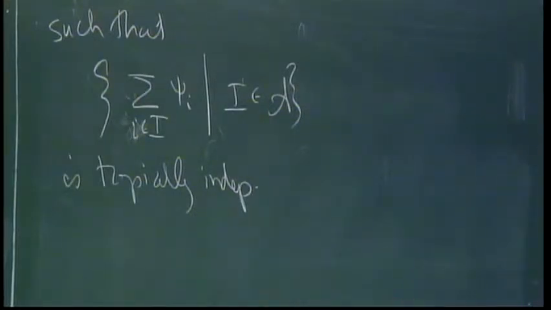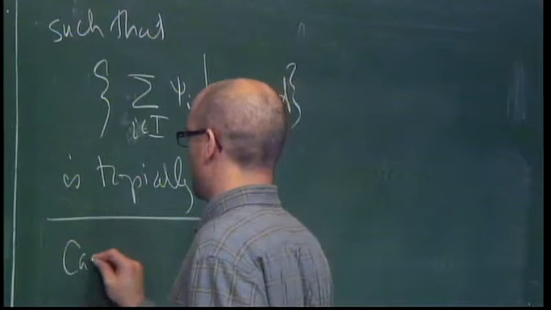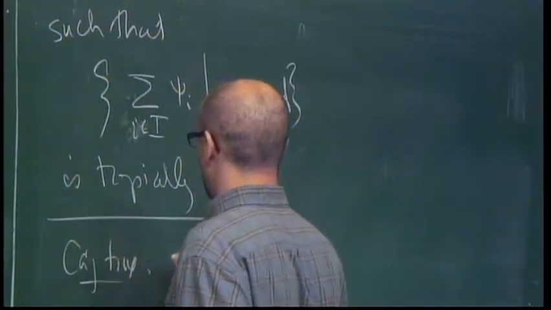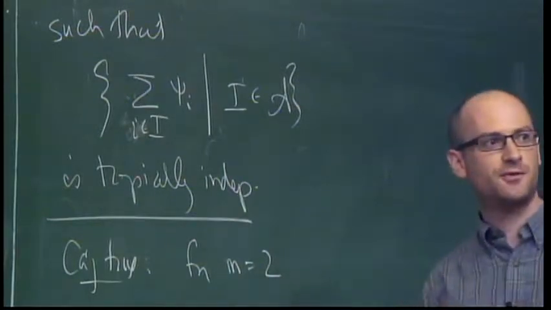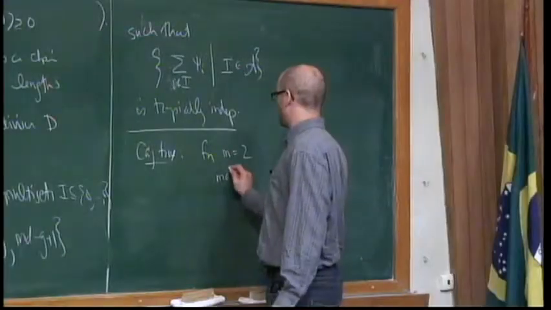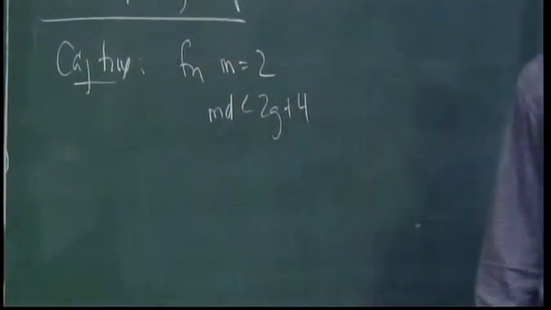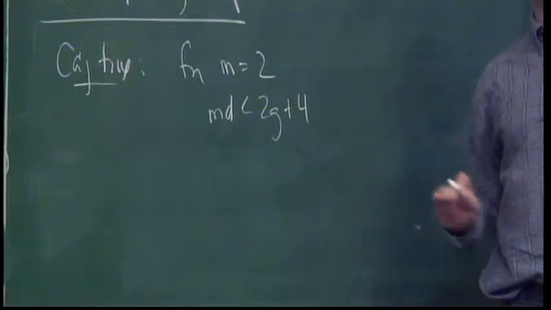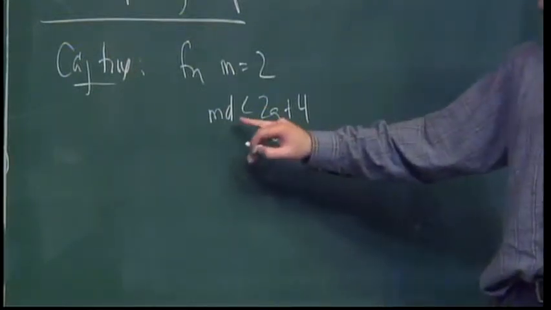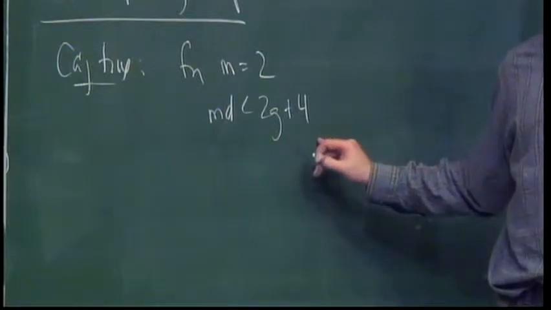So we prove this conjecture for m equals 2, and we also prove the conjecture for md less than 2g plus 4. So this is a partial generalization of the results of Teixidor, which was for m equals 2 and d less than g plus 2.